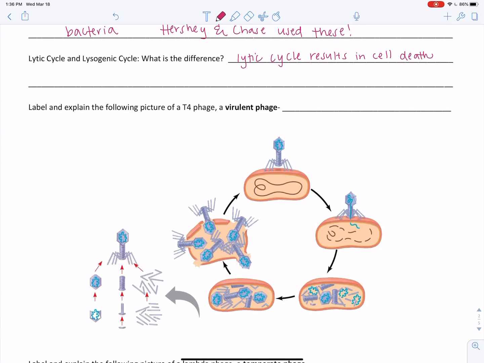If you're a phage going through the lytic cycle, you're known as a virulent phage, so it does the lytic cycle only. This T4 guy is an example of that. What it does is the phage injects its DNA into the host cell, and the host cell's DNA is broken down.